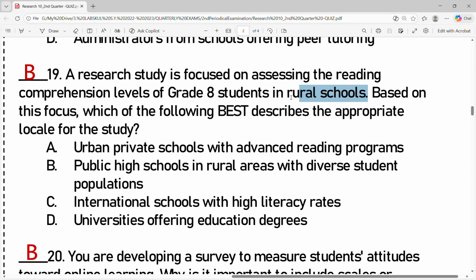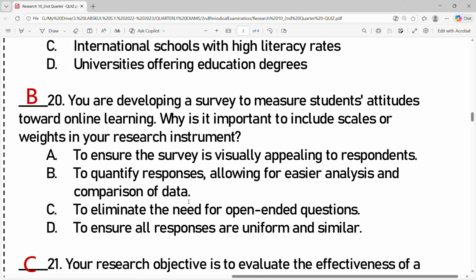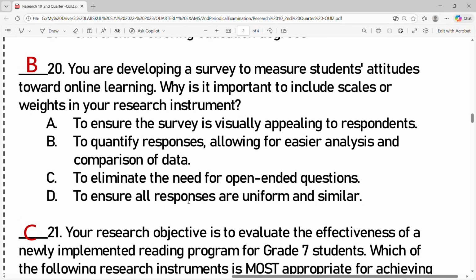So may mga clues kita dira. So dapat basahon maayo. So of course, rural schools dara, the only letter B has rural areas. So public high schools in rural areas with diverse student population. So that's the answer in number 19, letter B, bravo.